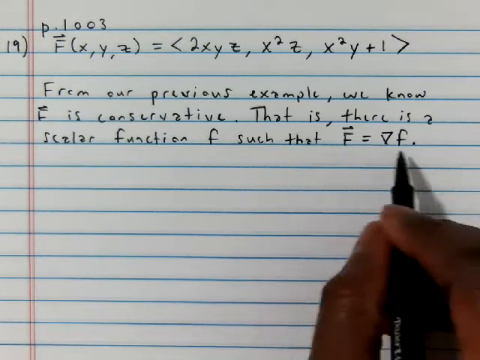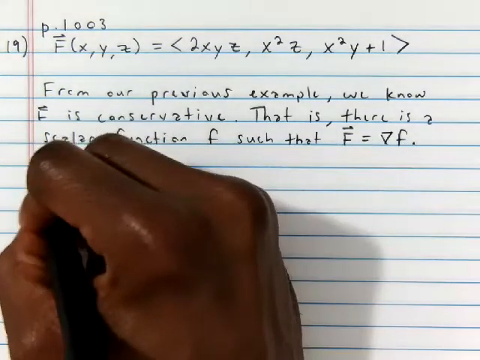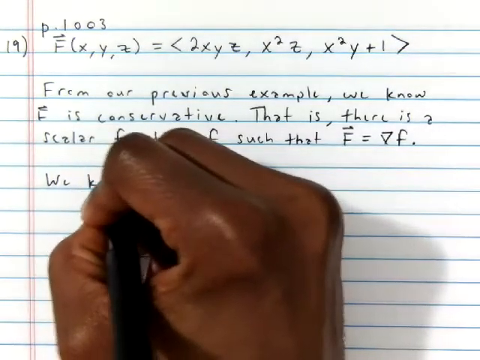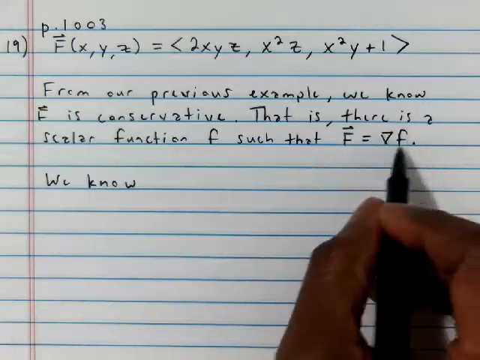If these two things are equal to one another, then the vector field has to be equal to that gradient vector.